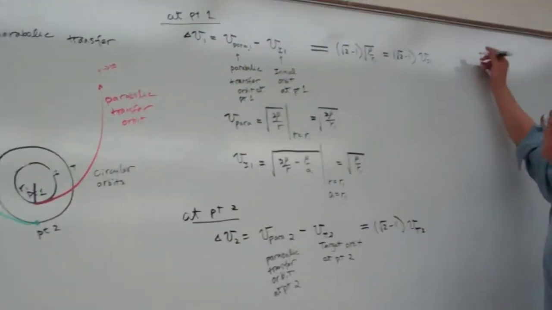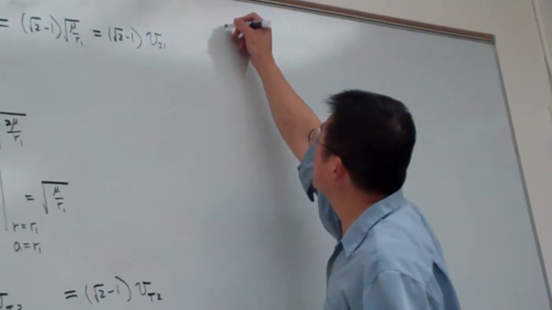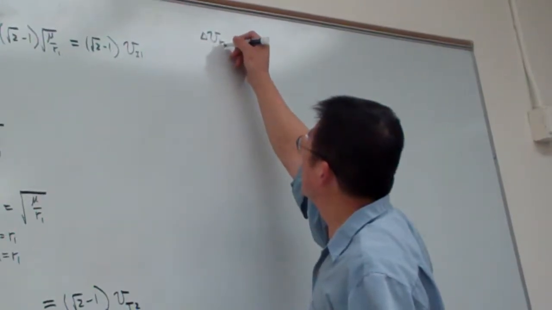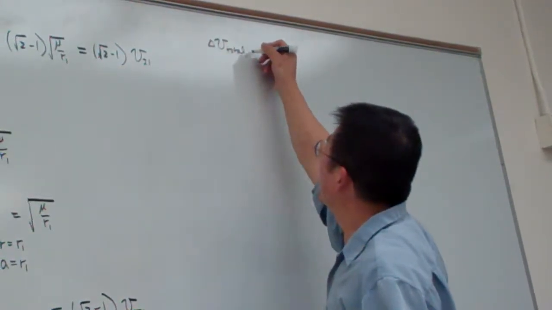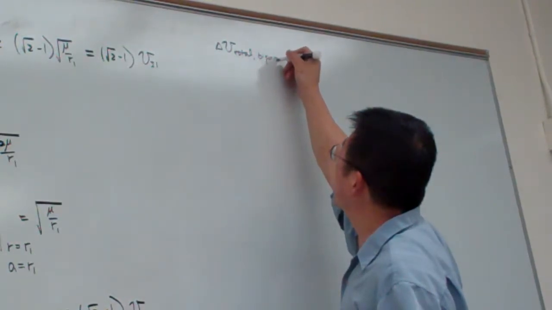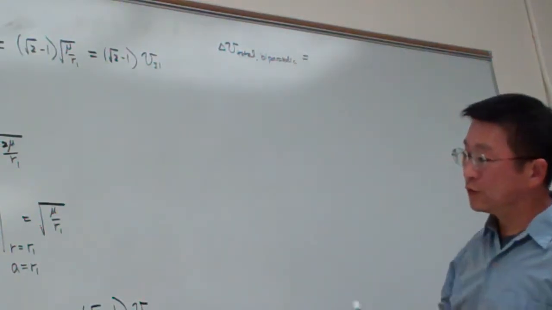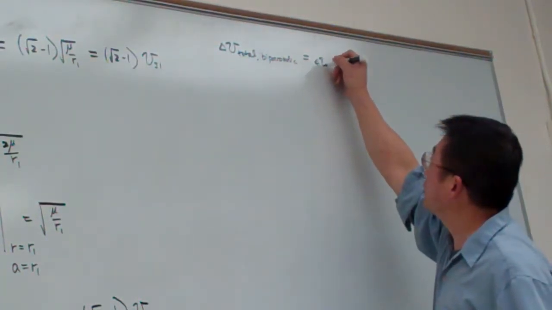So therefore, the total delta V for bi-parabolic will be equal to delta V1 plus delta V2 here.